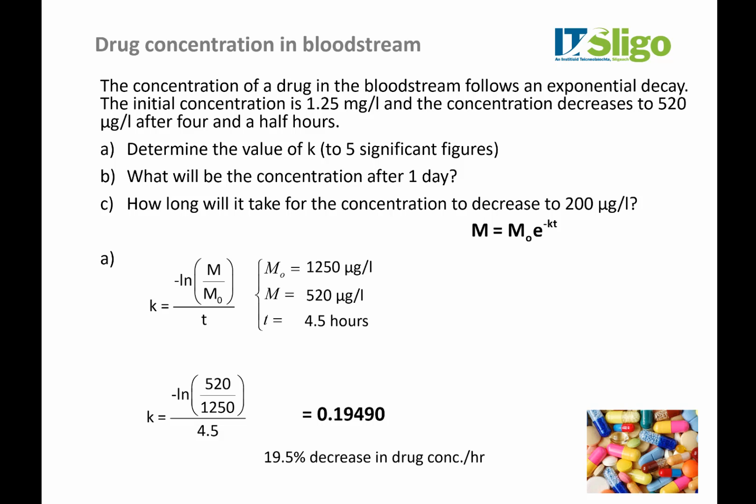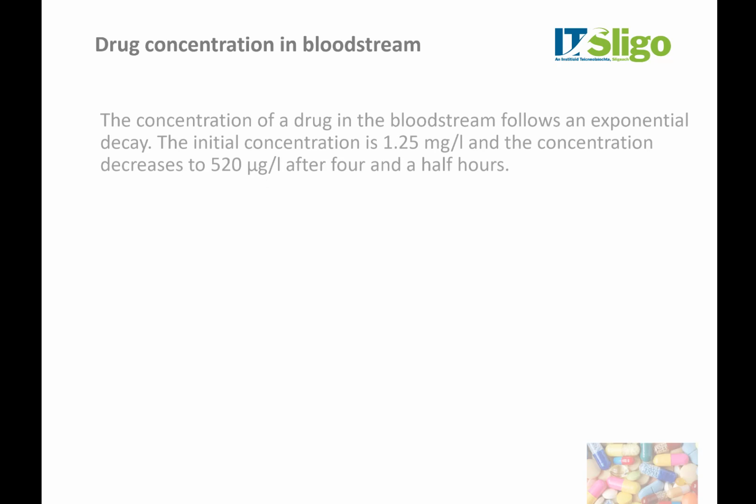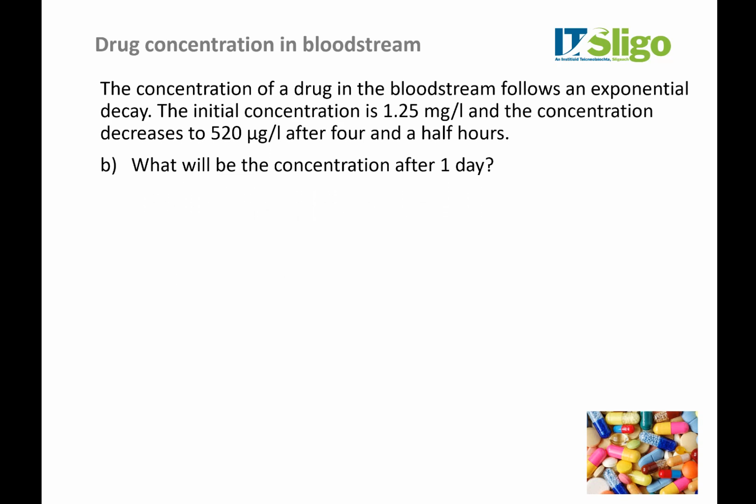So now we've got K, we can answer part B and part C. What will be the concentration after 1 day? We just use the formula. Again, the initial value always stays the same. We're going to keep with micrograms. K we've just computed on the previous slide. And what would be the concentration after 1 day?